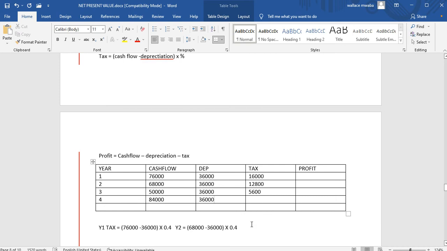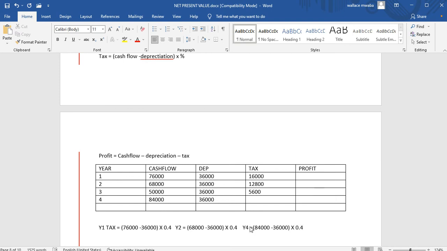So for year 4, 84,000 minus 36,000, multiplied by 0.4. 84,000 minus 36,000, we get 48,000, times 0.4, we get 19,200.